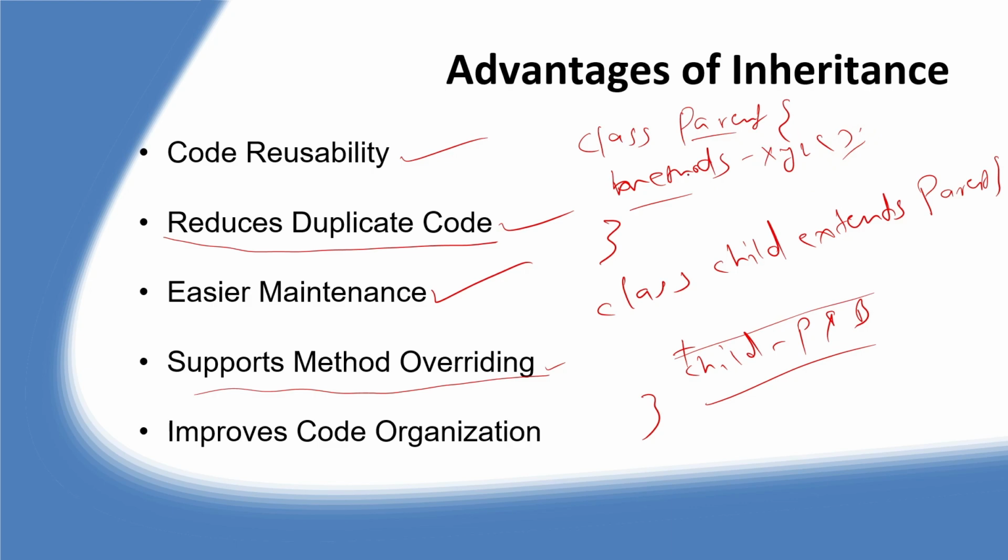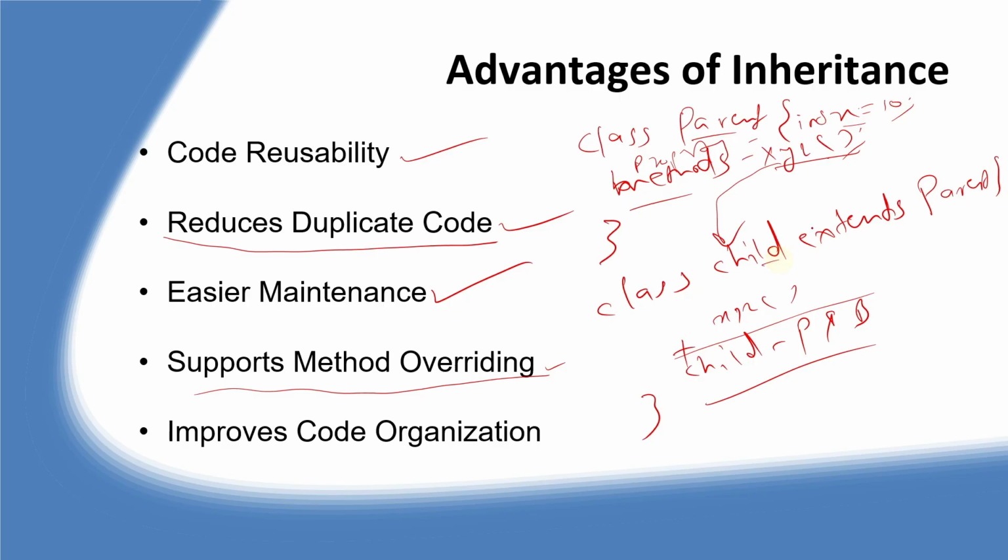Or maybe it can be a property also. How can it be a property? Let's say int x equals 10. So this int x equals 10 and the xyz property and behavior will be automatically available in the child class. But the requirement in the child class is that it wants to use the xyz method as it is, but it wants to utilize the x variable with the starting value 20 instead of 10.